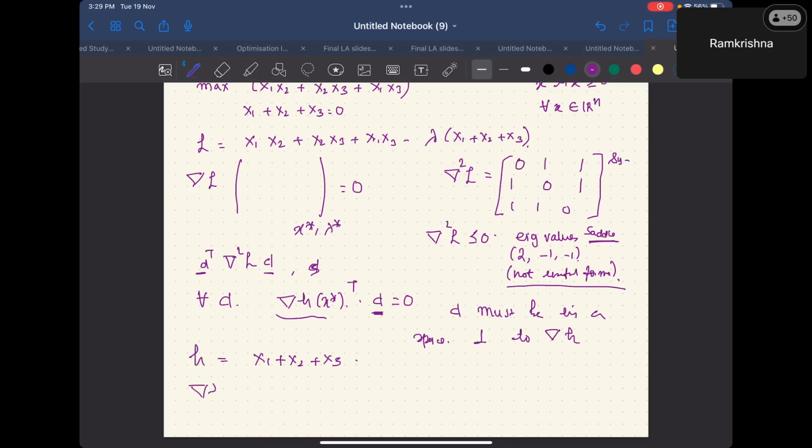The gradient of h is now 1, 1, 1. And now I'm searching for a d such that 1, 1, 1 times d is 0, or in other words, d is in the null space of this matrix 1, 1, 1.